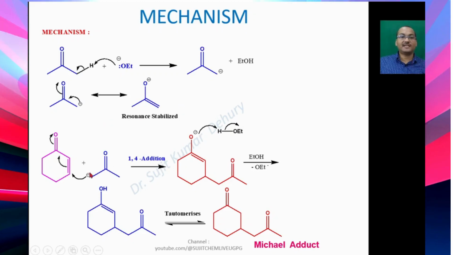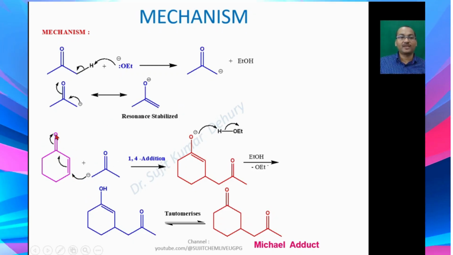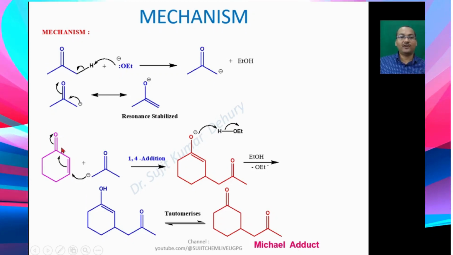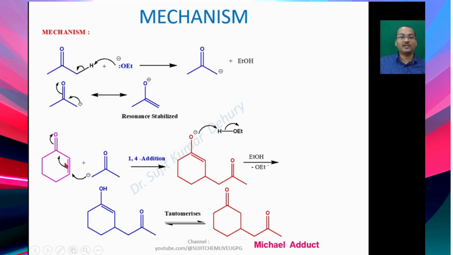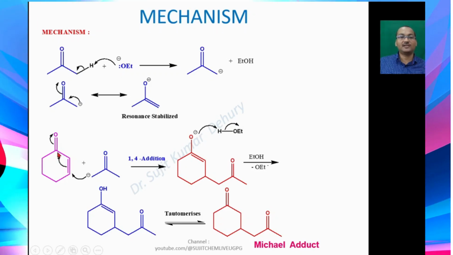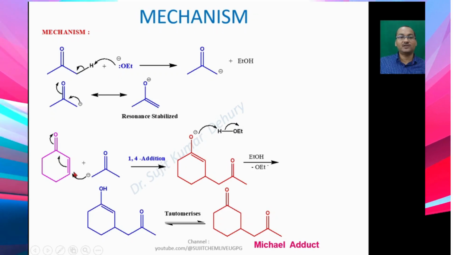Once you get this carbanion, it will undergo 1,4 addition, because usually in a carbonyl group there is O minus and C plus. Due to the conjugation with the double bond, this C plus goes under resonance, so the C plus will come here.